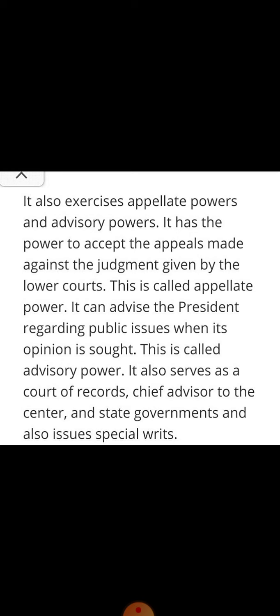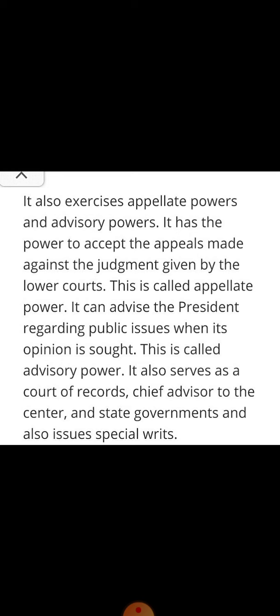It has the power to accept appeals made against the judgments given by the lower courts. These are cross-examined once again and the judgment is given. This is called appellate power.